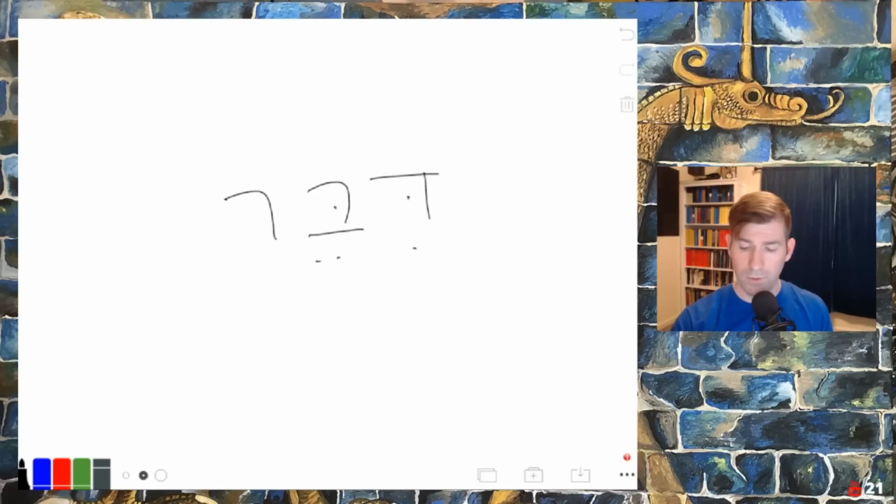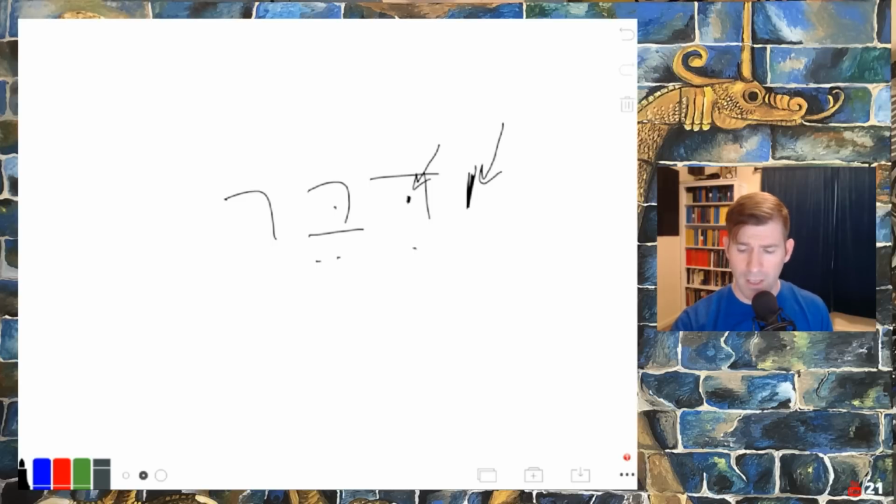We can theorize for a second that this dagesh is probably dagesh lene because it's one of the begadkefat letters. The dalet is one of the begadkefat letters, and there's no vowel sound coming before it. So it makes sense that there would be a dagesh lene here, right?